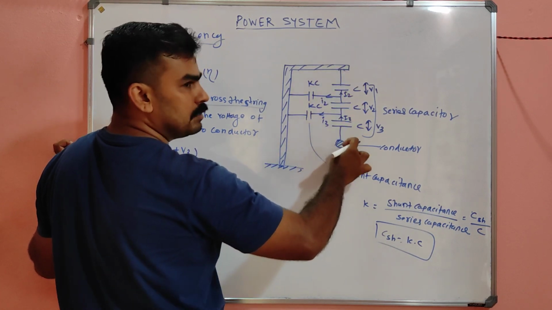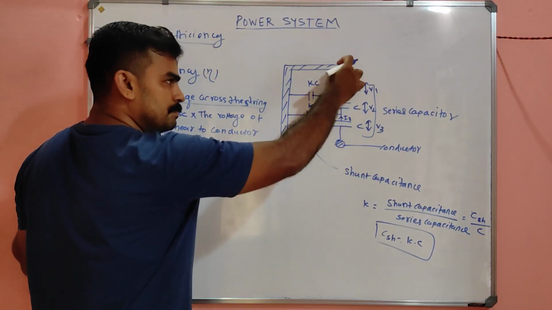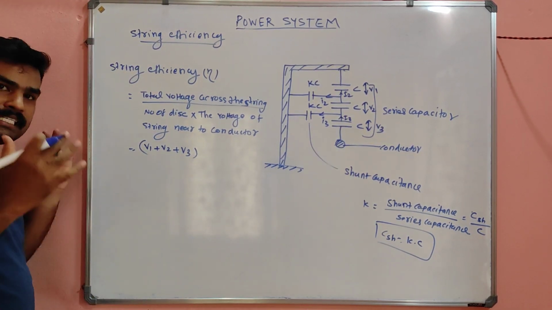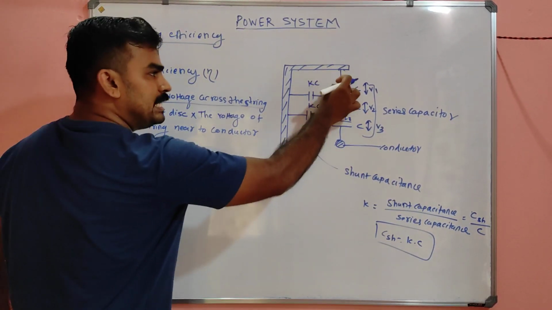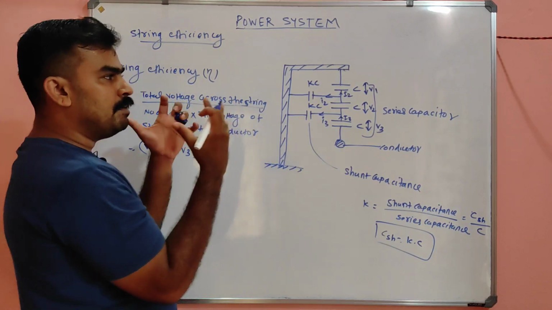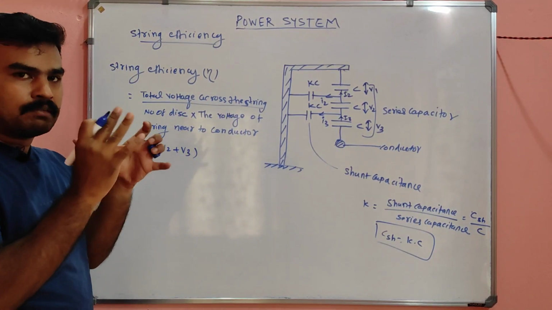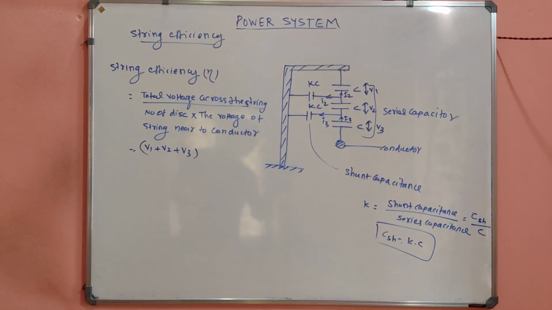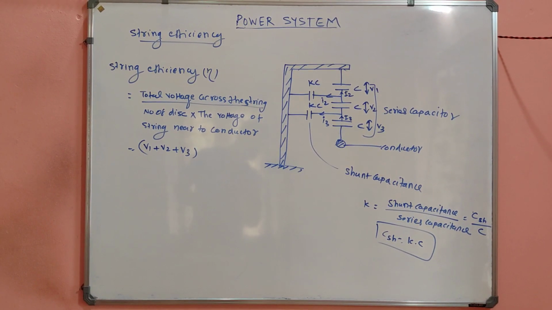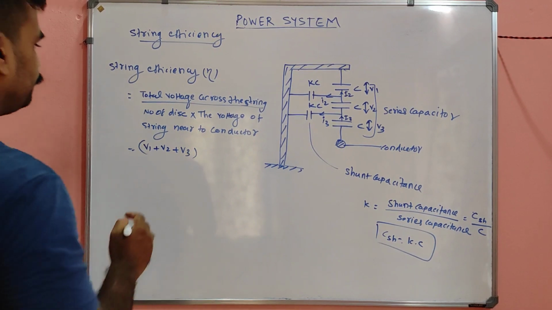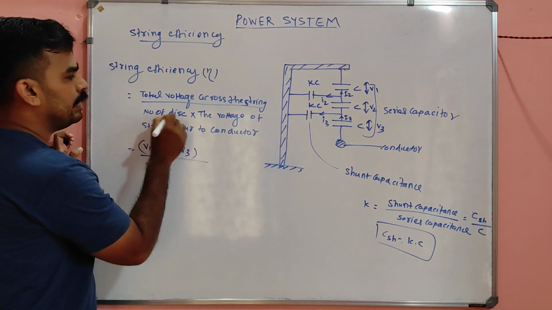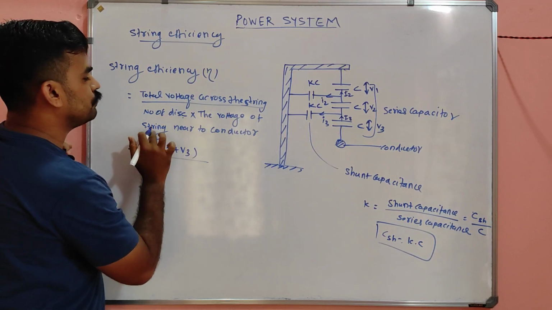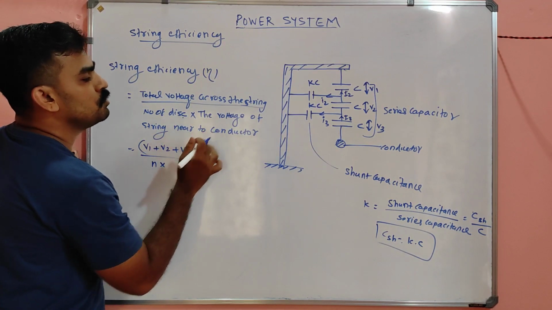This is the total suspension insulator string. The three discs can withstand a total voltage of V1 plus V2 plus V3, divided by the number of discs, let it be N, into the voltage of the string near to the conductor.